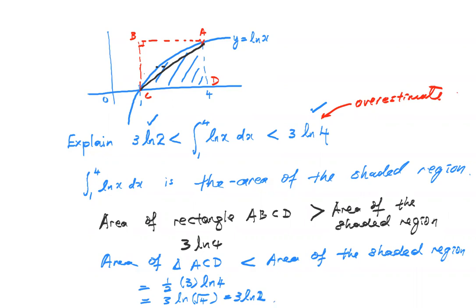So that is how you explain. You must try your best to get the exact value. You don't have to explain in words. You just say which area and so on and so forth. Let the diagram speak for itself. Are you clear? So that is how we solve this problem.